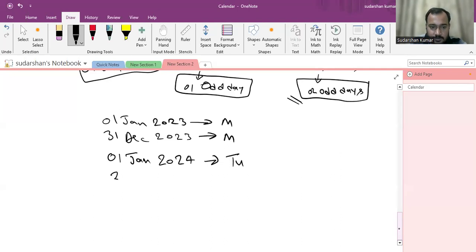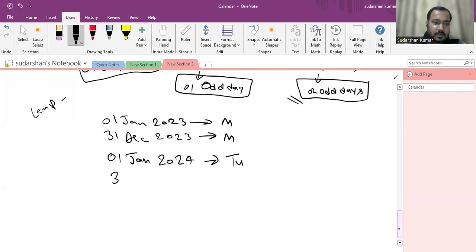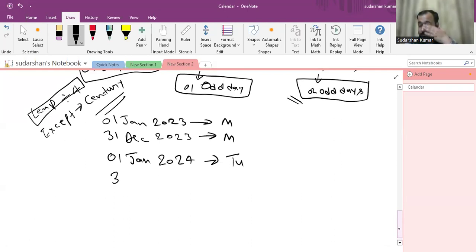And we know that 2024 is a leap year. Why? A leap year is divisible by 4, except a century. In the case of a century, we don't divide it by 4, but for any other year, we divide it by 4, and if the year is divisible by 4, it is a leap year.